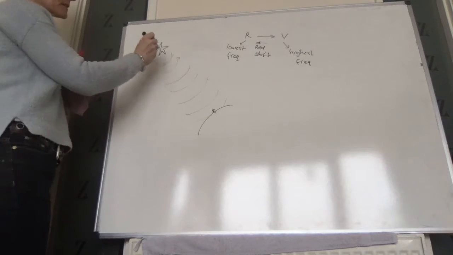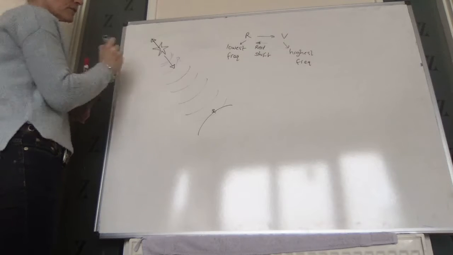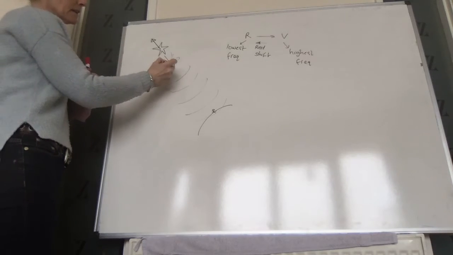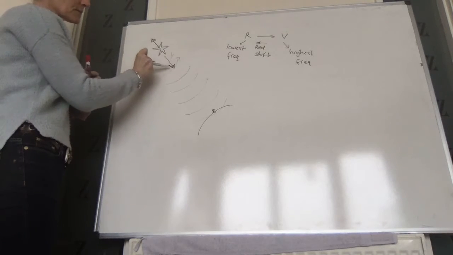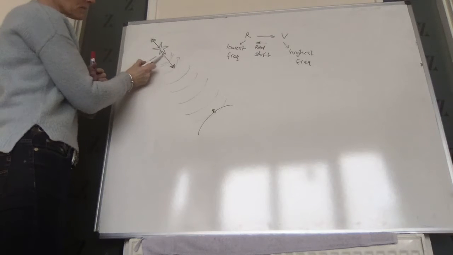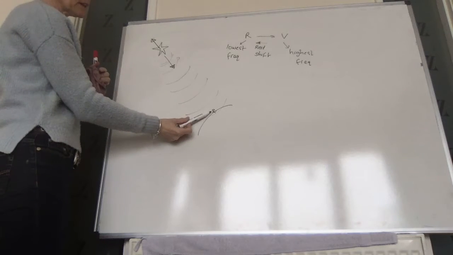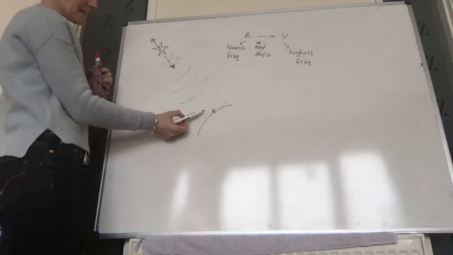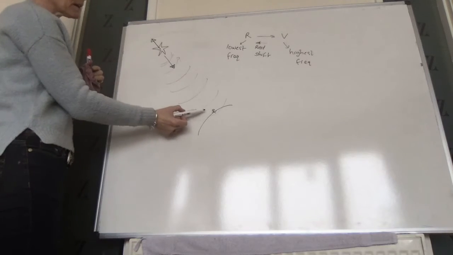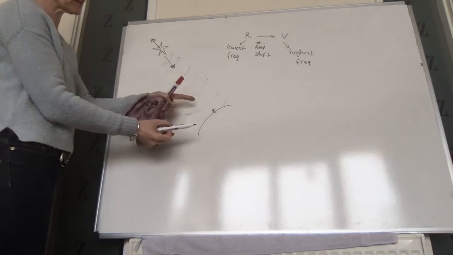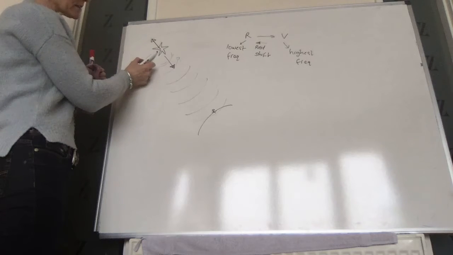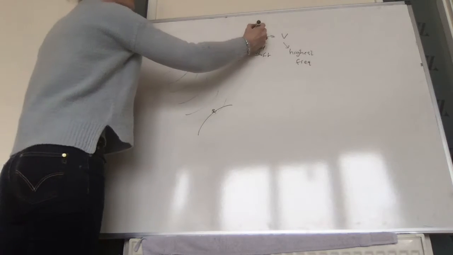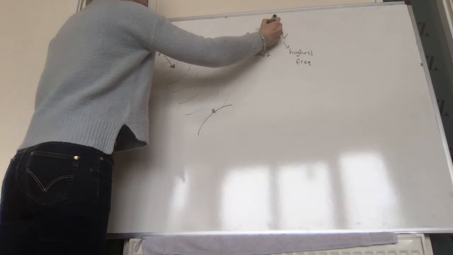However, if the star was moving towards the observer, then you would experience a shift in the opposite direction, because the frequency that the observer would be detecting will be a higher frequency, because the source is moving towards the observer. So when the source is moving towards the observer, you get what's called a blue shift.